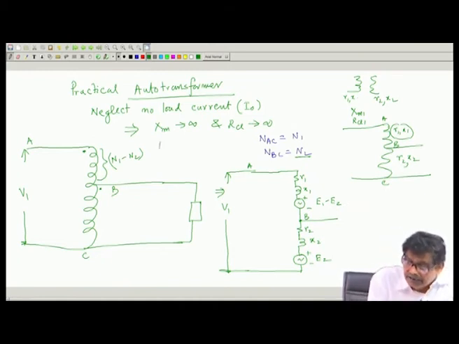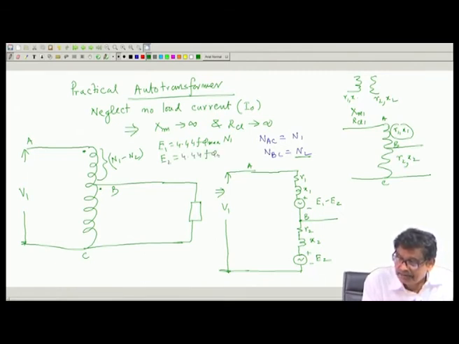So, let me write E 1 is equal to 4.44 A phi max into N 1, the total between these two terminals. E 2 is equal to 4.44 A phi max N 2.